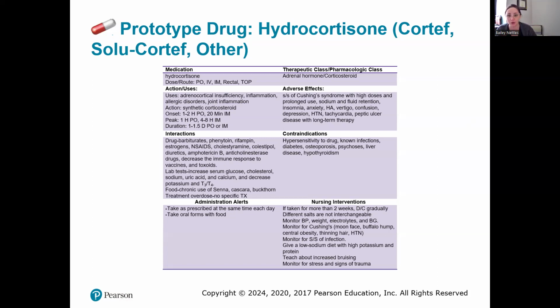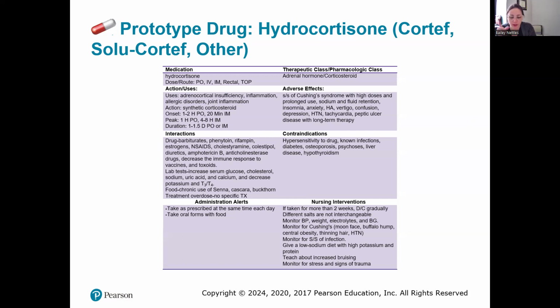I have too much corticosteroid, and now it is affecting my body. And we're going to get into signs and symptoms of that on the next couple slides, okay? So with prolonged use, we can have Cushing's, sodium and fluid retention, we know that. Insomnia, anxiety, headache, vertigo, confusion, depression, high blood pressure, tachycardia, peptic ulcers with long-term therapy.